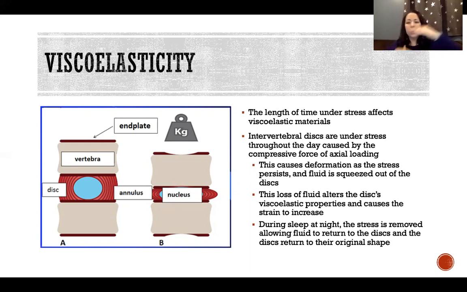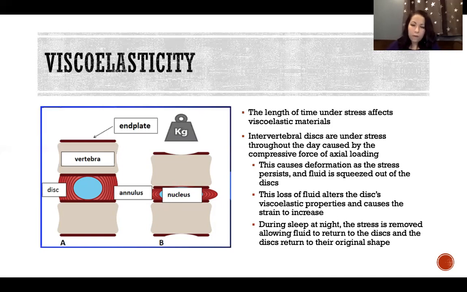That compression is like squeezing the discs and causing some amount of the fluid to leave the discs. And I'm not talking about a rupture. I'm talking about just normal interstitial fluid that starts to leave the discs. So we lose some fluid that's squeezed out of the discs.